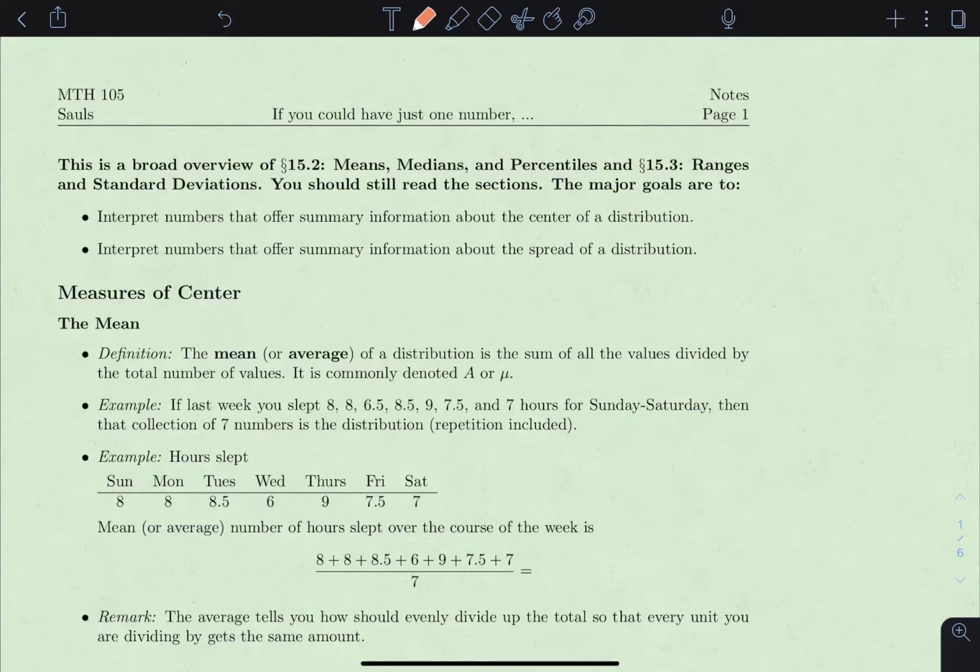But the major goals are going to be to interpret numbers that offer summary information about the center of a distribution and about the spread of a distribution. So from the videos in regards to histograms, we discussed what a distribution was, which was just a list of numbers, more or less. And the numbers represented a single numerical variable.